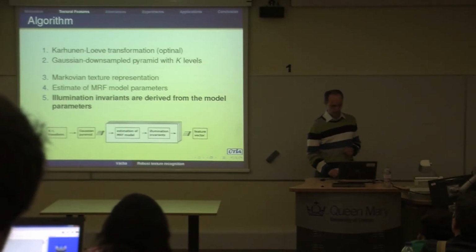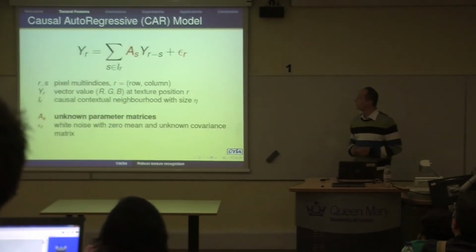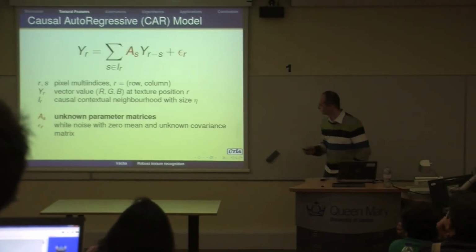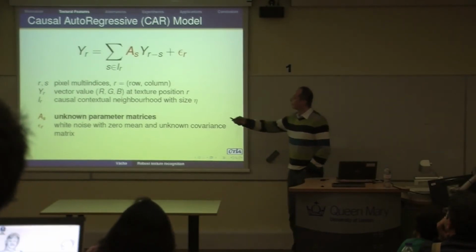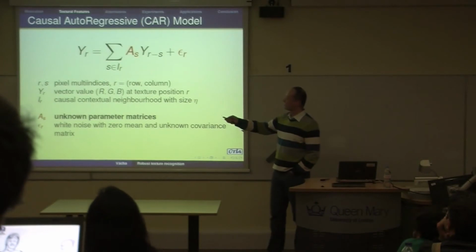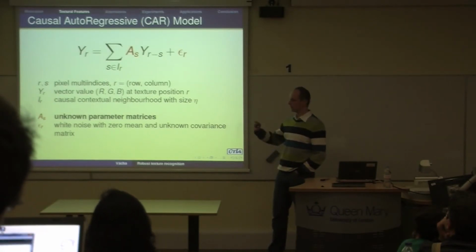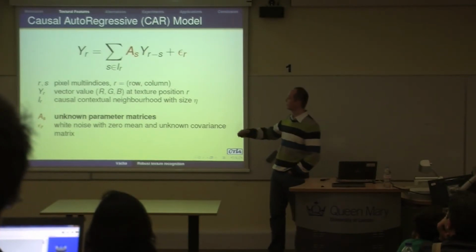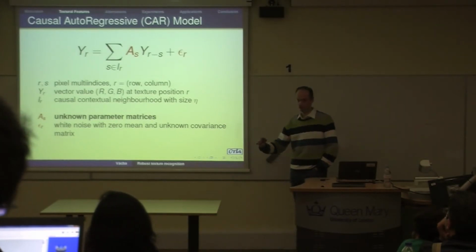Now I will go into more detail about the modeling. We use a special type of Markovian model. Let Y_r be the pixel at position r. This r is composed of row and column indexes, and Y are just pixel values.